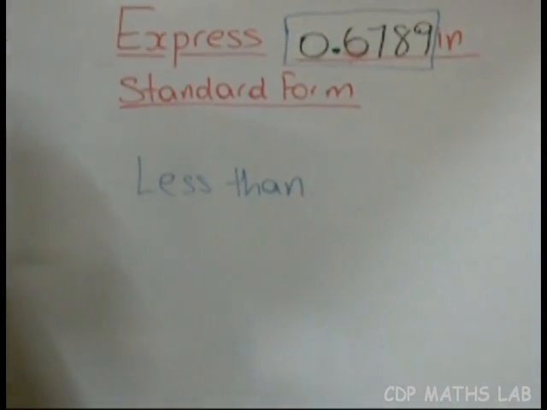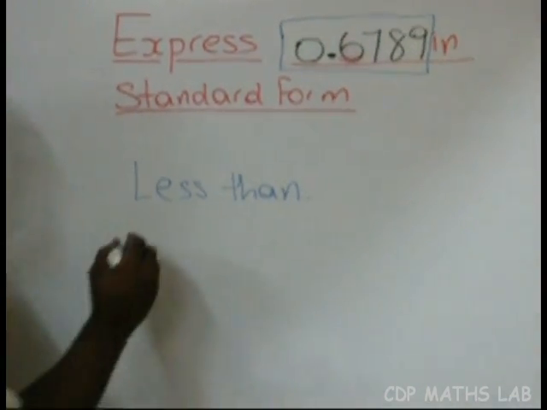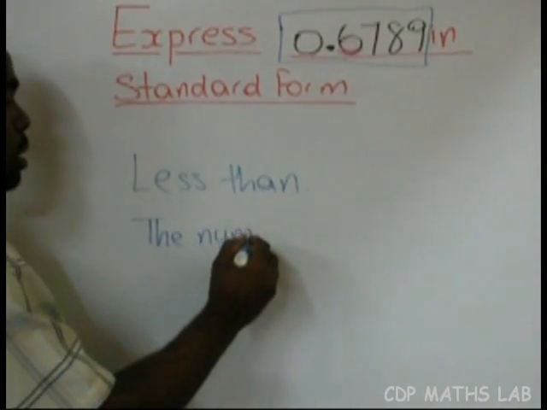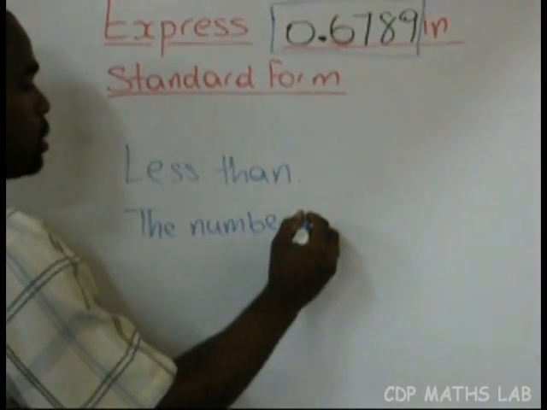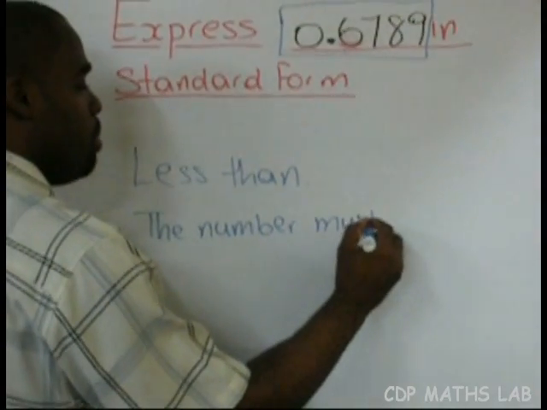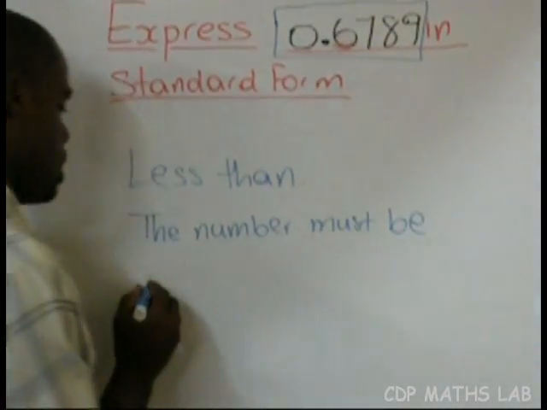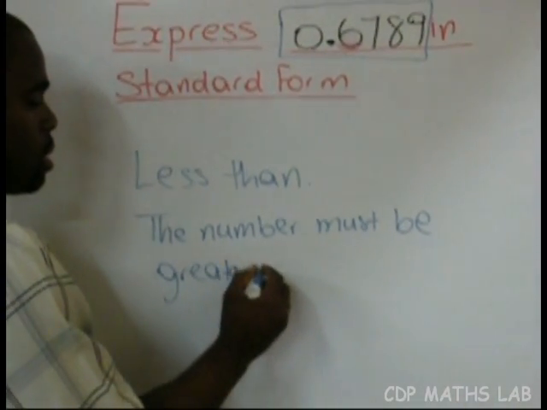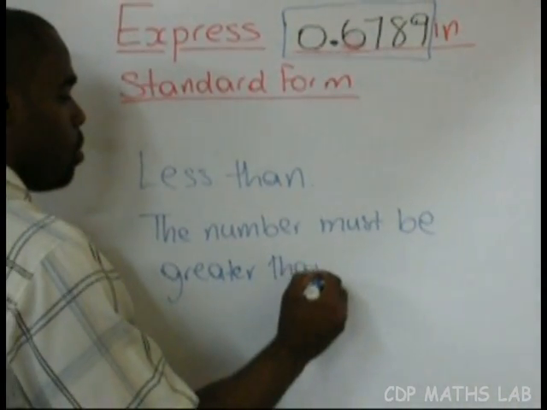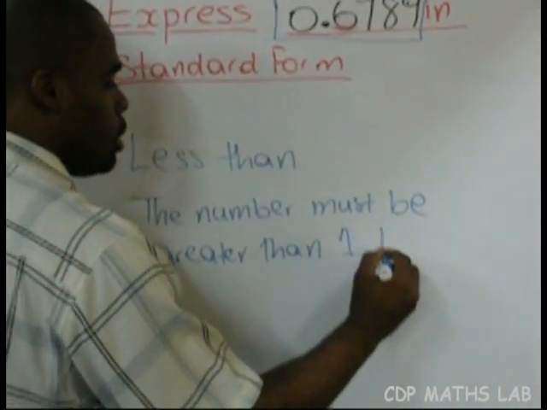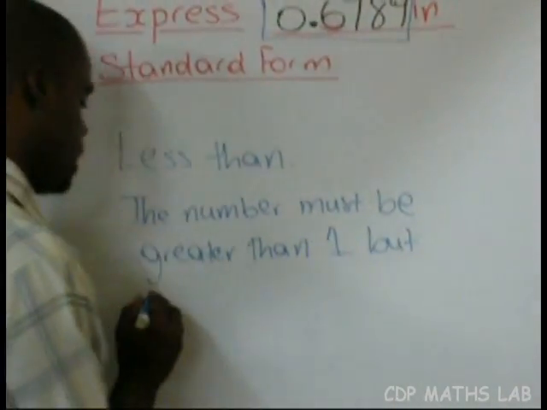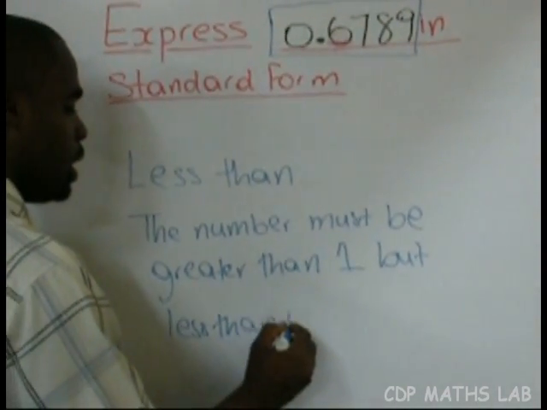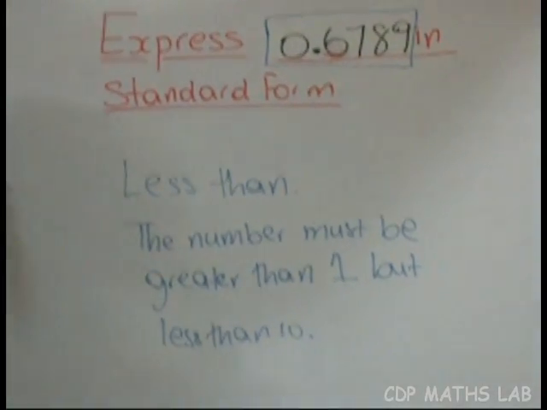Now, if we are going to write a number in standard form, the number must be greater than 1 but less than 10, and that is a rule.